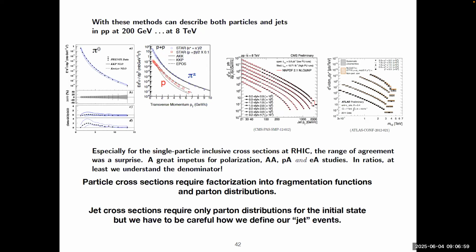And notice that these are not different experiments. These are just different ways of looking at the same experiment. An individual event could be contributing to these curves at two different points if there are two jets of different energies.